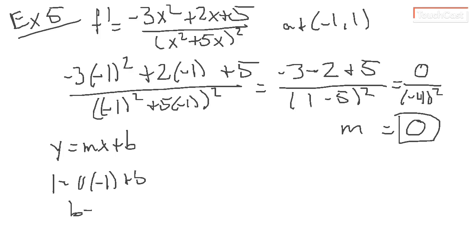Well, b is going to just equal 1, and if m is 0, that means the equation of our tangent line is just going to end up being y equals 1. This is the tangent line.